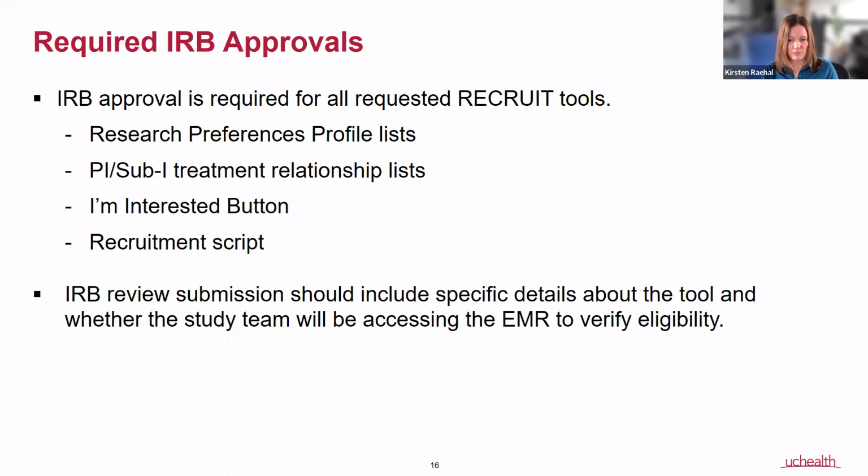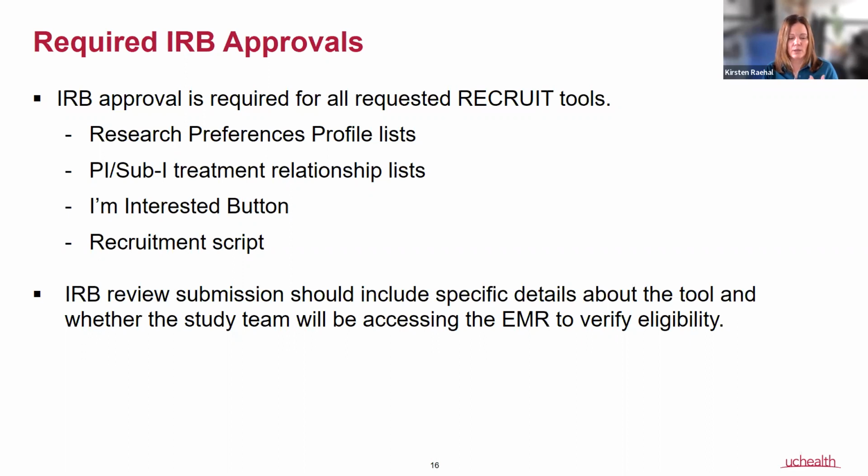So the IRB review submission not only should request the recruit tool in general, but it should also include specific details about the tool and whether the study team will be accessing the EMR to verify eligibility. Like I said, with the I'm interested button and the list, we want study teams to verify eligibility before they respond to a particular individual.